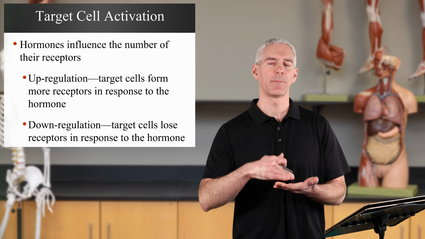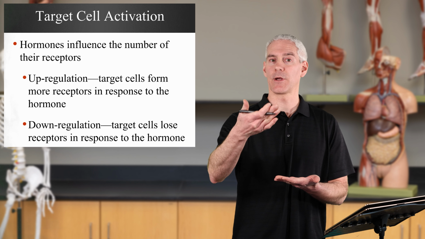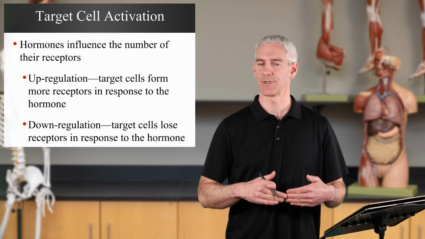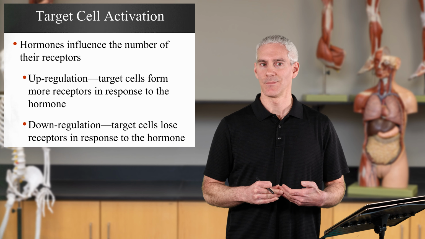So we have this ability to modify, either upregulate more receptors or downregulate less receptors. Because if you have 50 receptors and you only ever bind 2 or 3, you don't need all the extras. So you can get rid of some and have fewer receptors. But that affinity stays constant through the whole process. So the affinity of the hormone to the receptor is a constant.